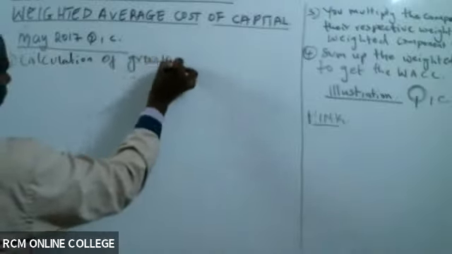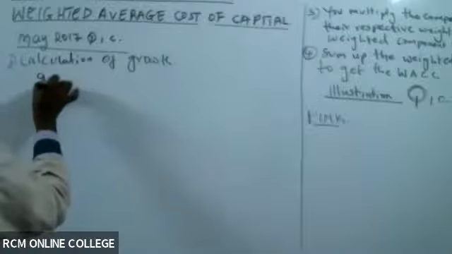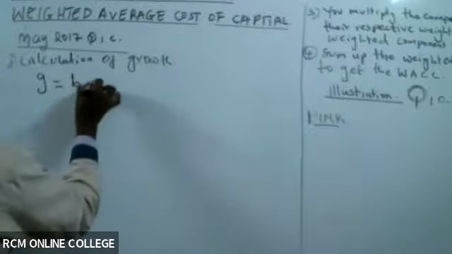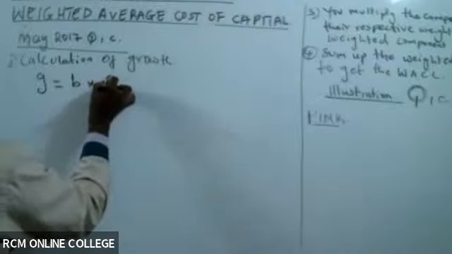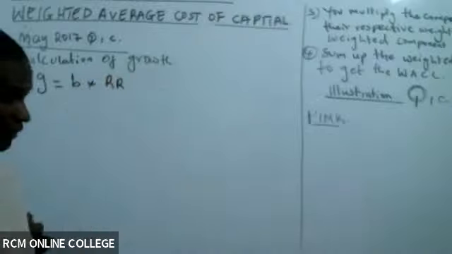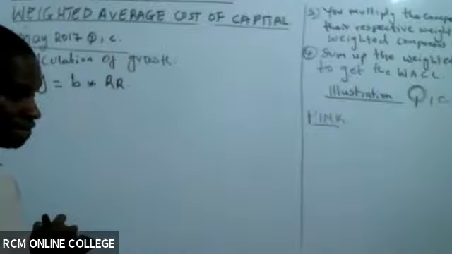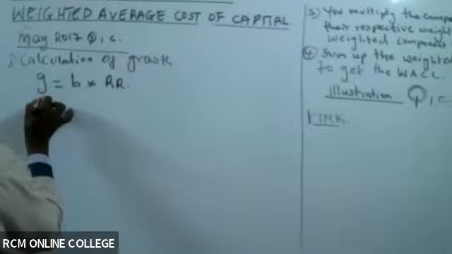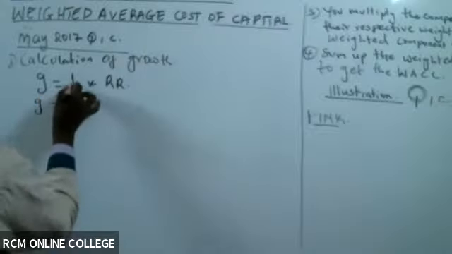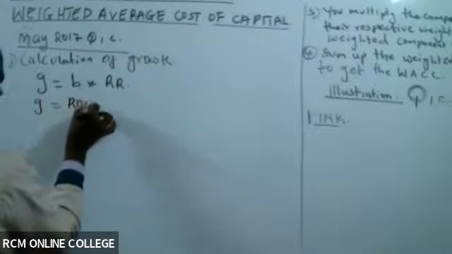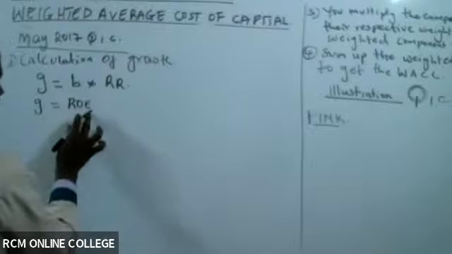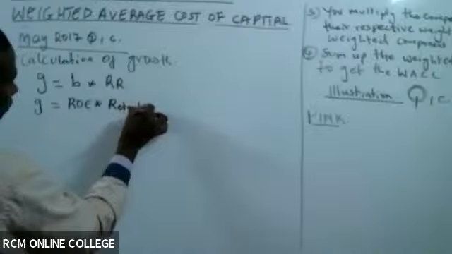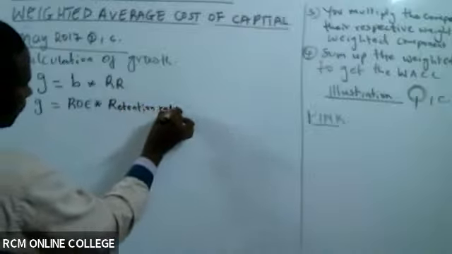The growth tulisema inakuwa represented by G. G will be given by B multiplied by R. This one, G, will be given by B, the ROE, multiplied by the retention ratio.